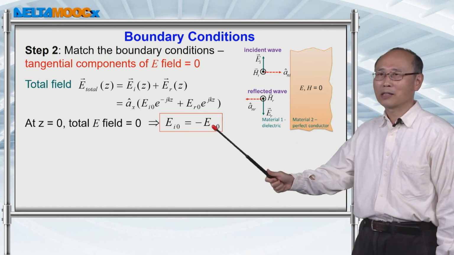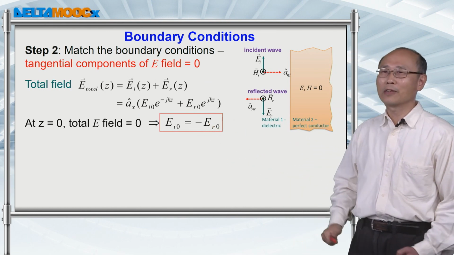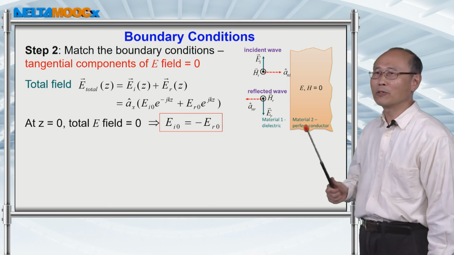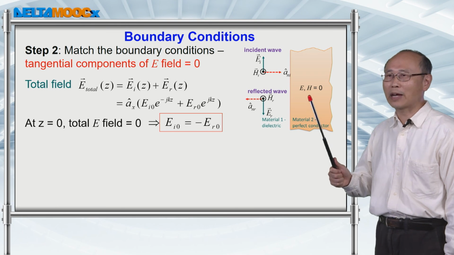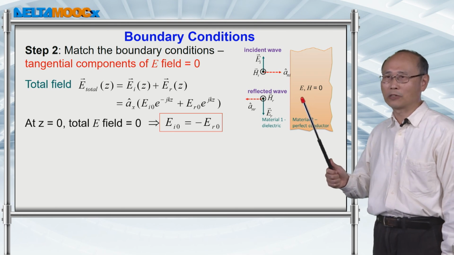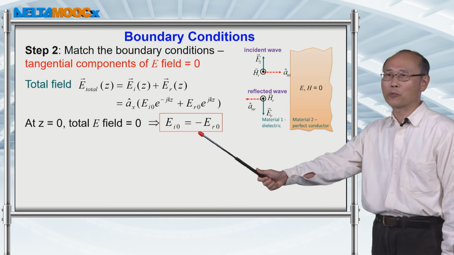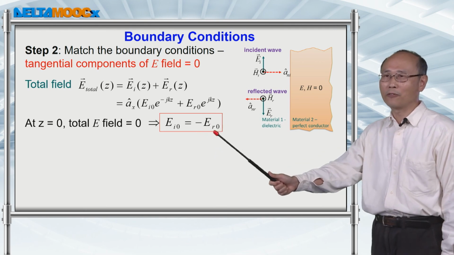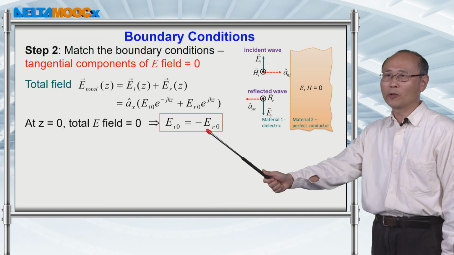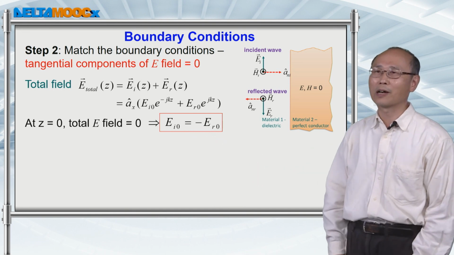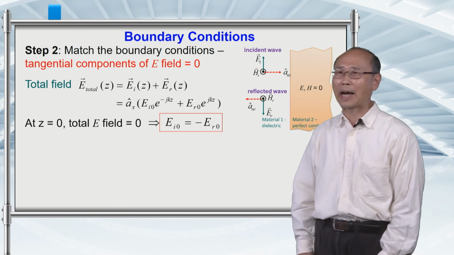And the boundary condition requires the tangential component of the electric field to be equal to 0. But you know that the electric field inside this perfect conductor is equal to 0. So you just equate this to be equal to 0. Then you come up with the result for the reflected field component, which is minus the incident field E_I0.